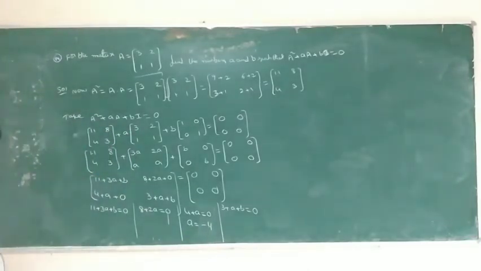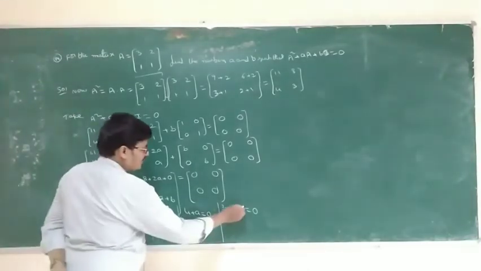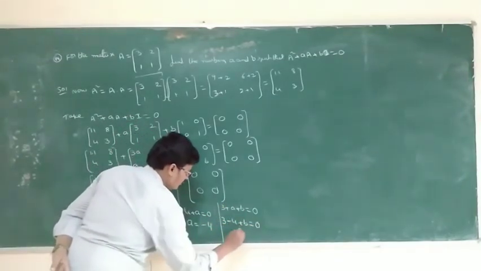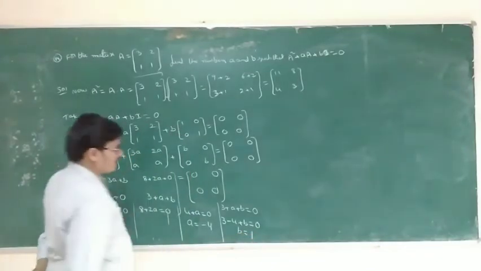Substituting a equal to minus 4 in this one: 3 minus 4 plus b equal to 0, so b is equal to 1.